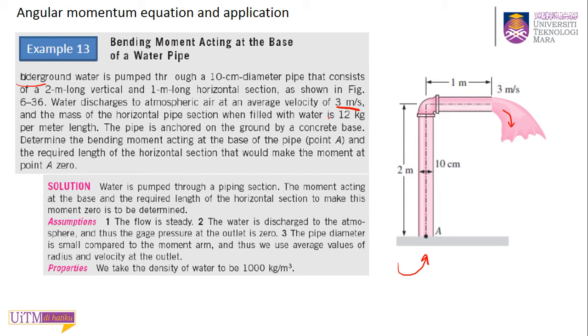And the mass of the horizontal pipe section when filled with water is 12 kg per meter length. So in this 1 meter it will be 12 kg. They give it to you as 12 kg per meter length.